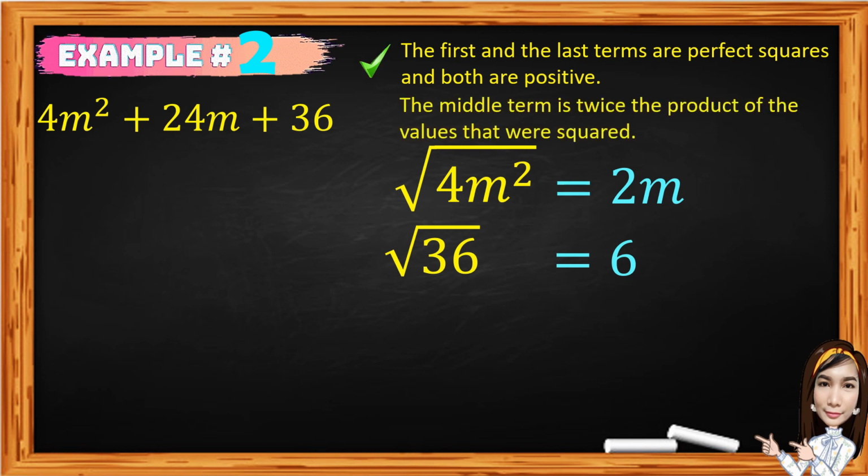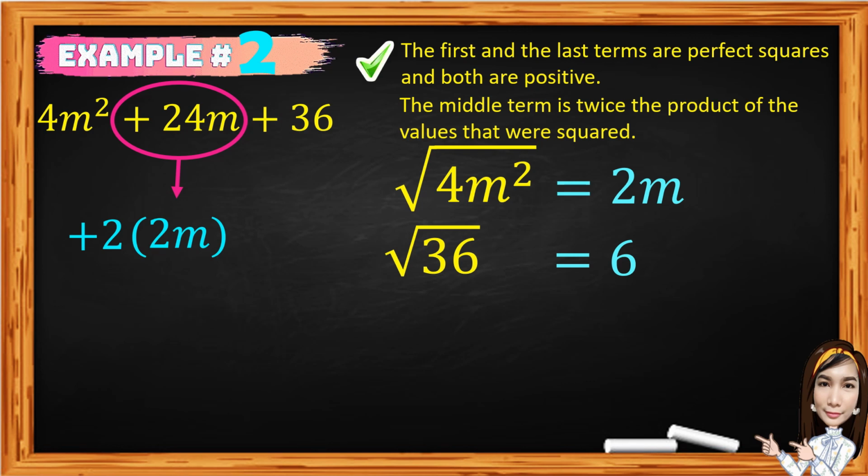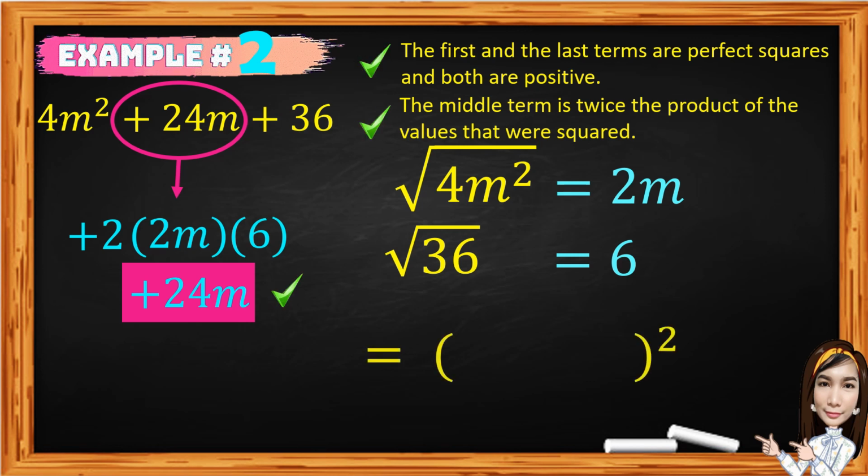Next, the middle term is twice the product of the values that were squared. So we have 24m is equal to, so if the middle is plus, we have plus 2 times the first term 2m times the last term 6. So we have 24m, and that is yes. Now we can write the factor in the square of binomial.